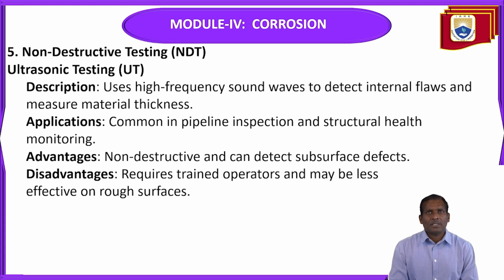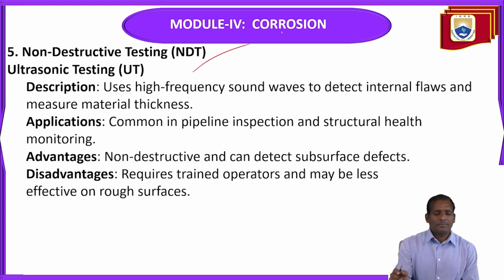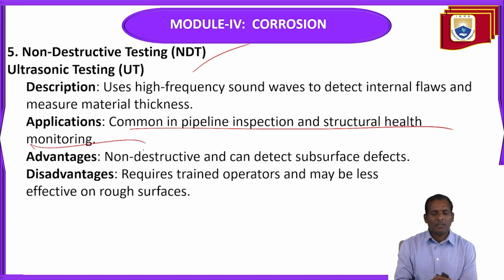Next, non-destructive testing, NDT. So one is ultrasonic testing. In this, uses high frequency sound waves to detect internal flaws and measure material thickness. So applications are common in pipeline inspection and structural health monitoring.